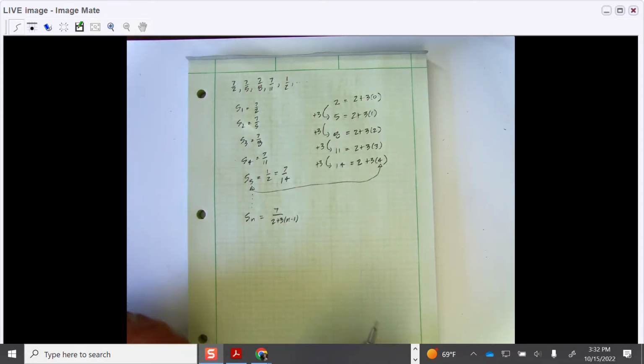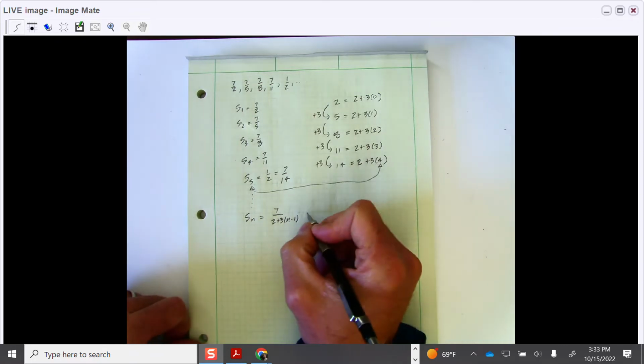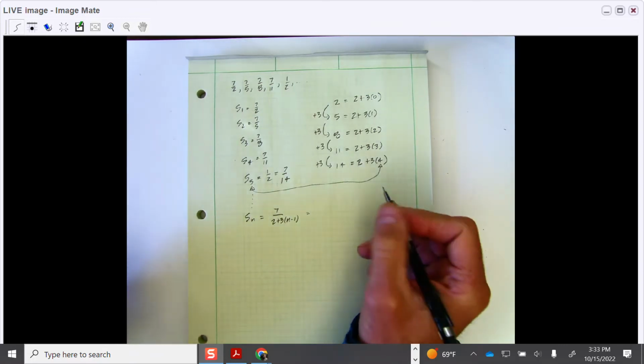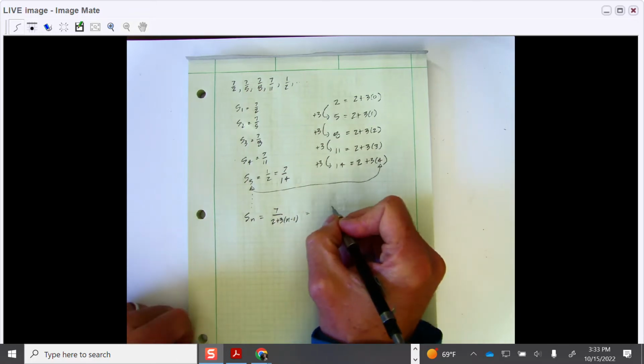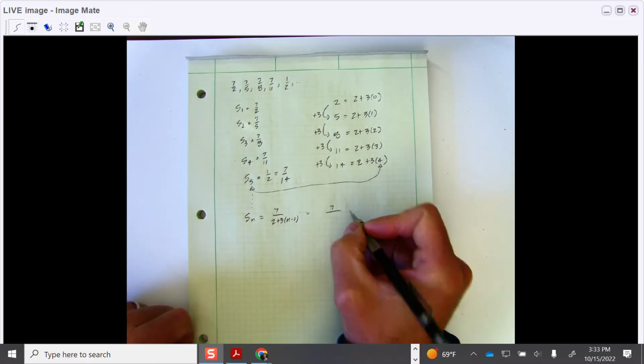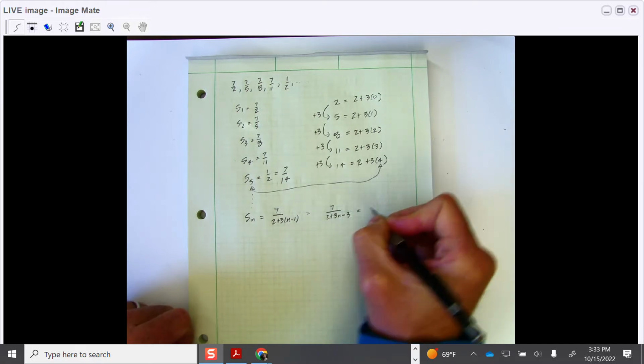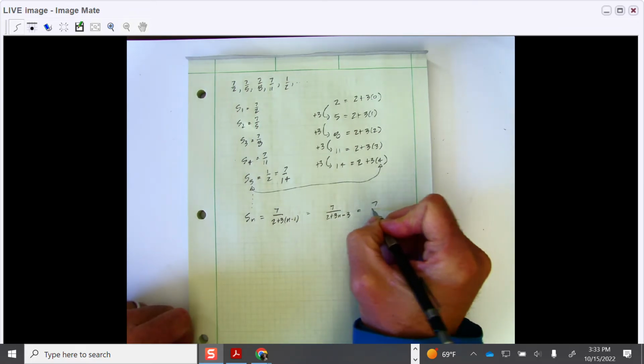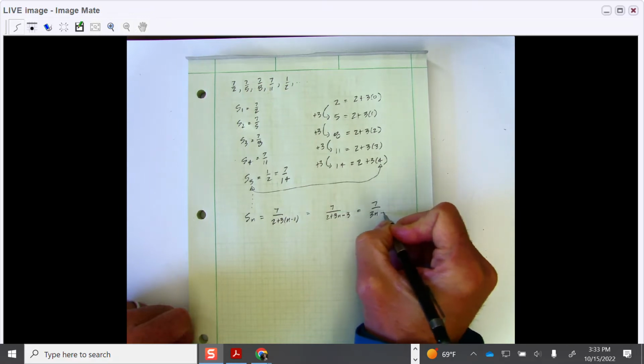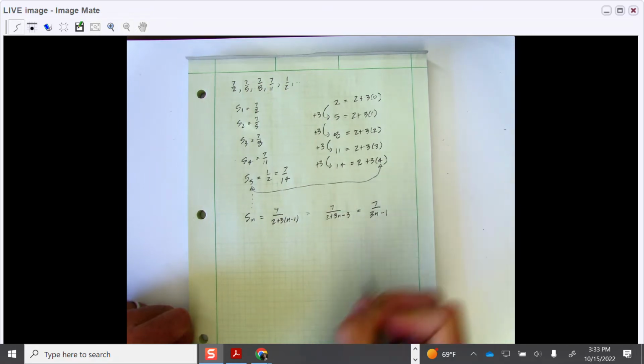So we've got an algebraic explicit definition here. Sometimes people clean these up. You might have to check answers on homework. So we could call this 7 over 2 plus 3n minus 3, which is the same thing as 7 over 3n minus 1, right?